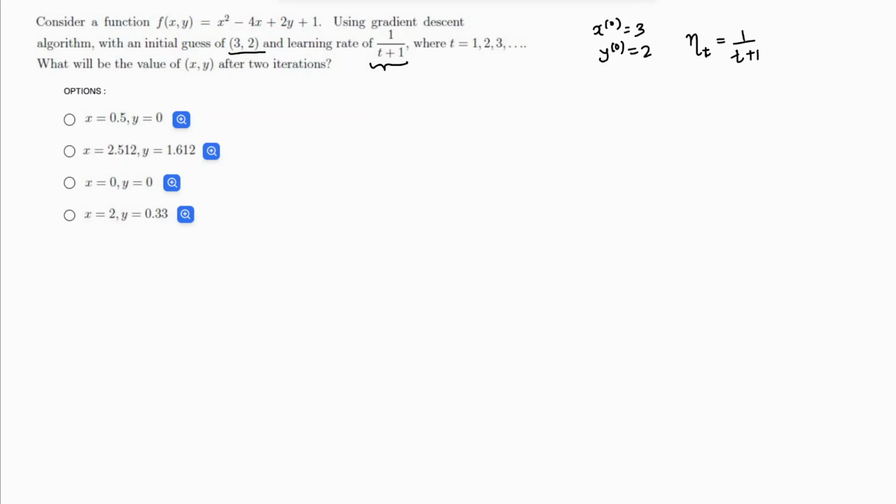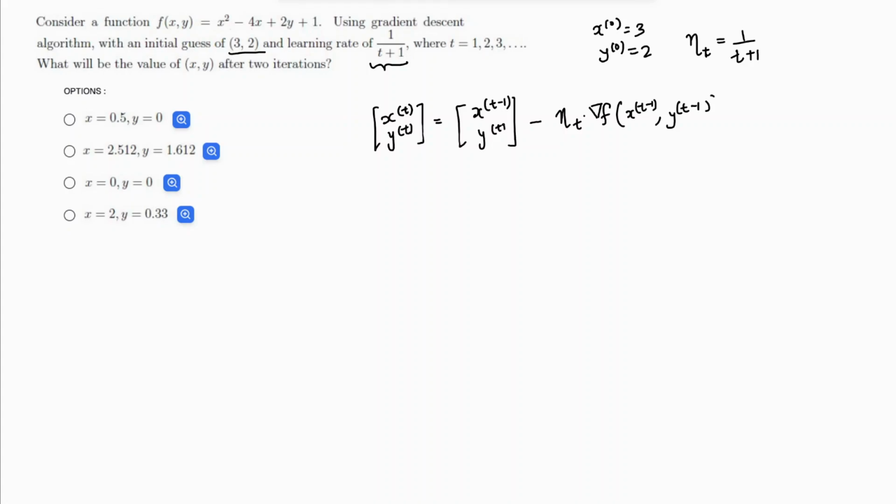So what does an iteration look like? Using gradient descent, x t comma y t, the new point, will be assigned the value of the previous point, x t minus 1, y t minus 1, minus eta t times the gradient of f evaluated at x t minus 1 and y t minus 1.